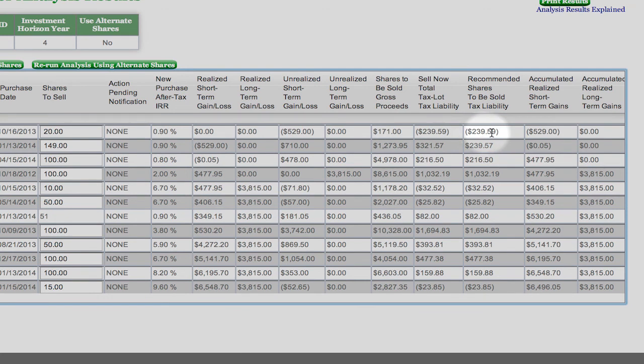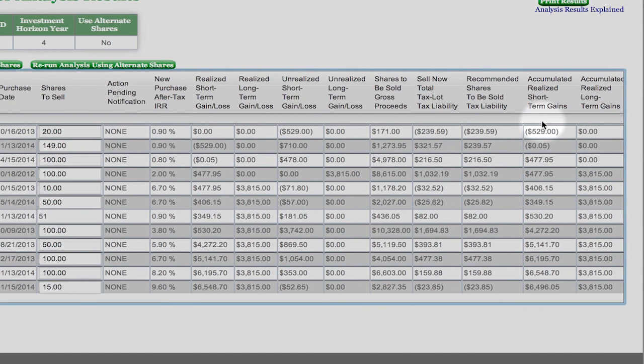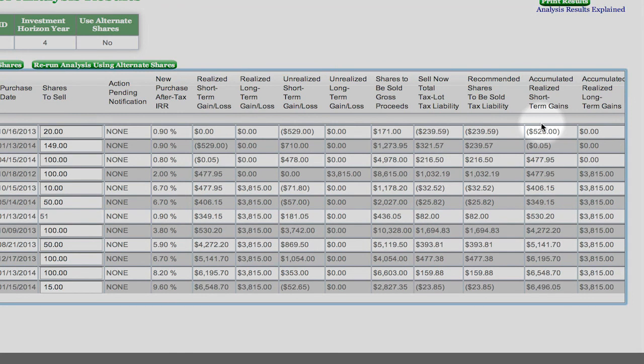To the right is the accumulated realized short-term gains. It is the sum of the realized short-term gain or loss value inputted for this particular tax lot, which includes the impacts of any sales ranked higher in the ranking process, plus or minus the amount of realized short-term gain or loss that would result from the sale of the number of shares of a subject tax lot displayed in the shares to sell column.